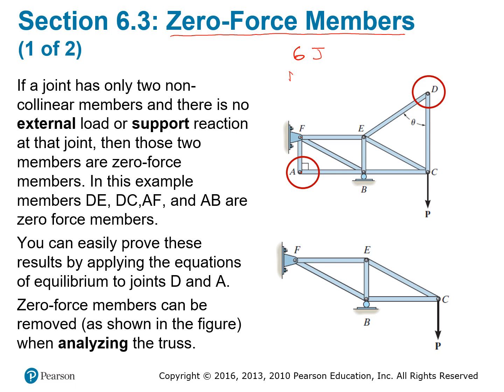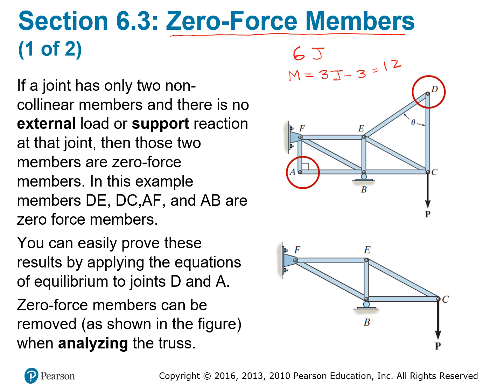And we told you the number of members is equal to 3 times the number of joints minus 3. So 6 times 3 is 18, minus 3, that's 15. Do we have that many members? 1, 2, 3, 4, 5, 6, 7, 8, 9. No, we don't have that many members.